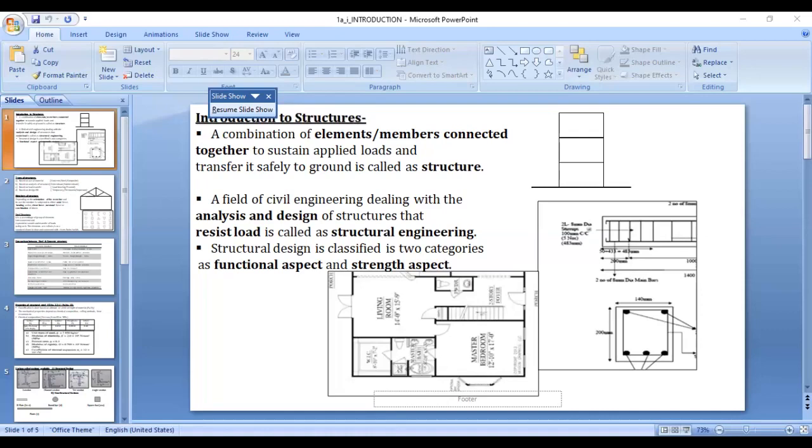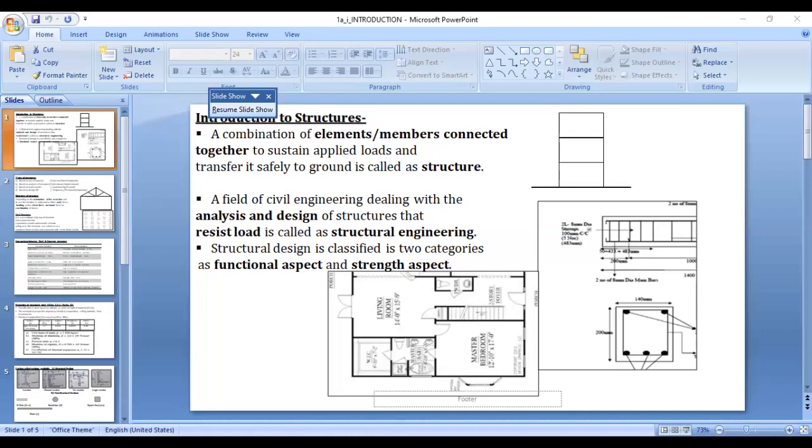R1 is the root radius and R2 is the root radius at the toe. Then the T section. The T section has width of the flange as BF, thickness of the flange as TF. H is the height, TW is the thickness of the web.